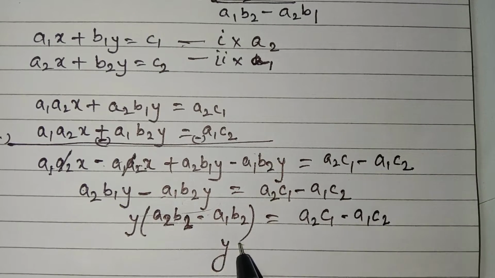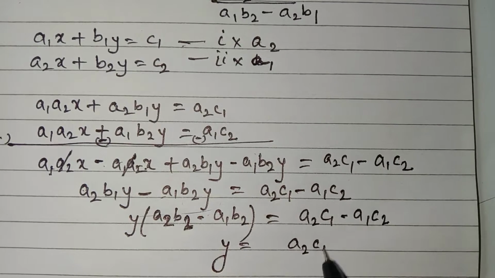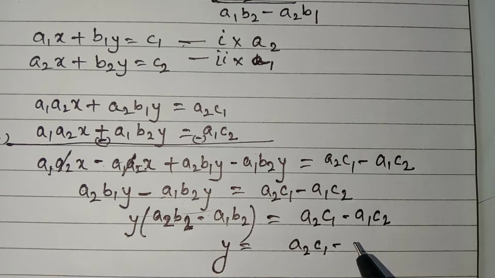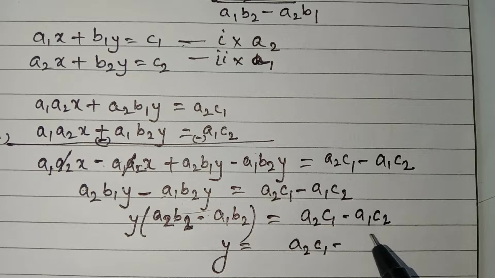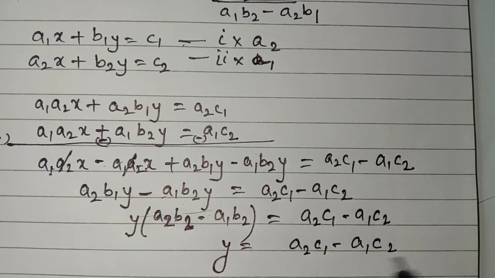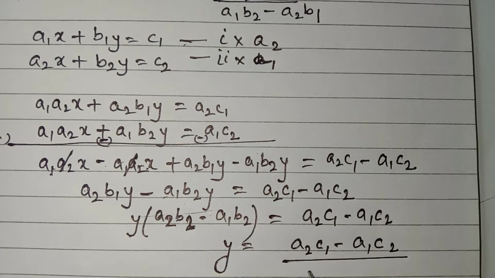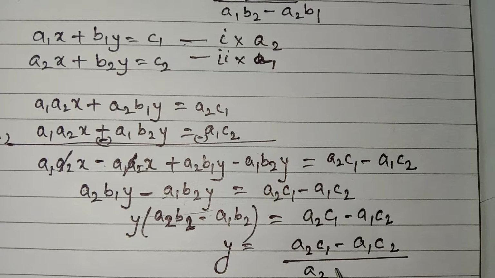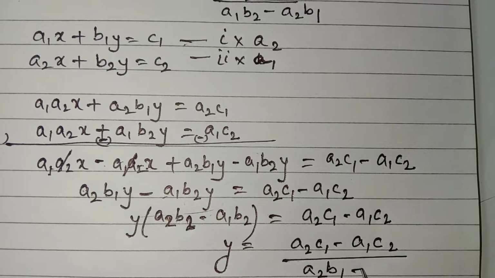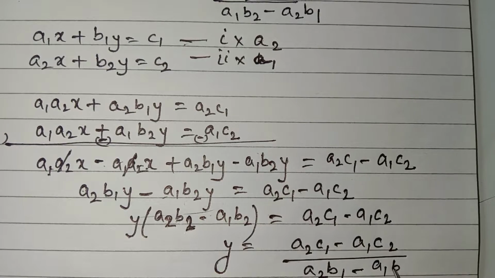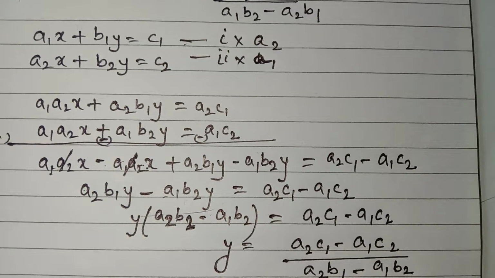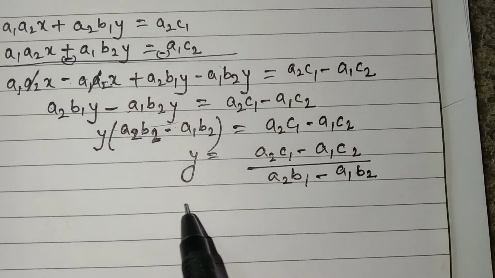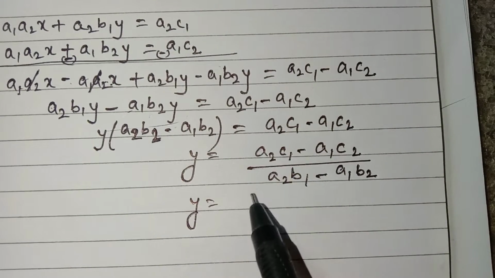So y equals (a2c1 minus a1c2) upon (a2b1 minus a1b2).